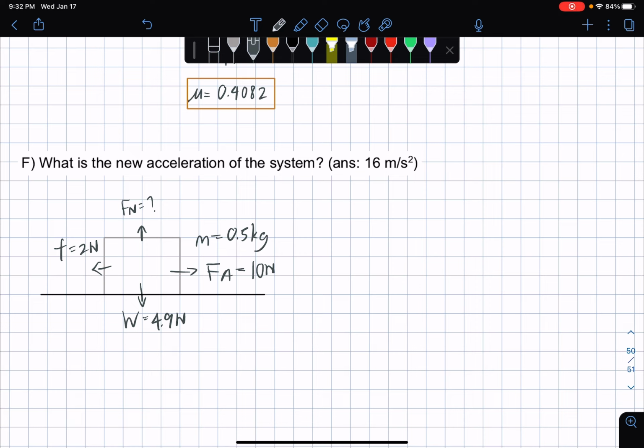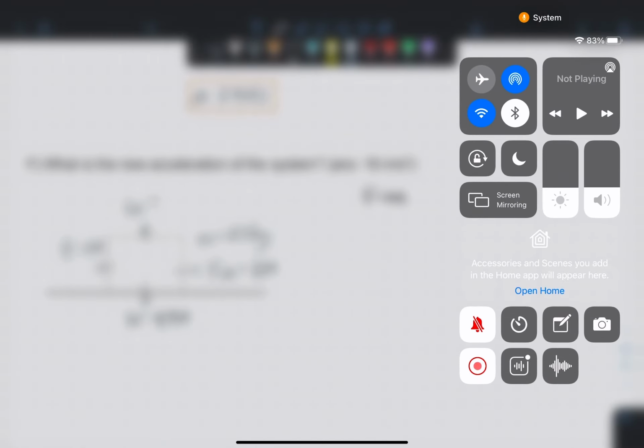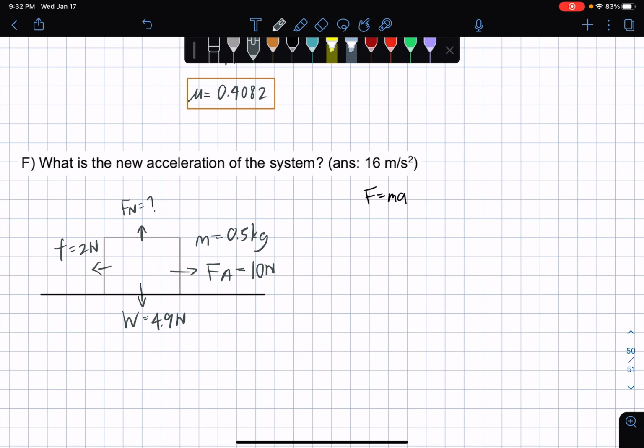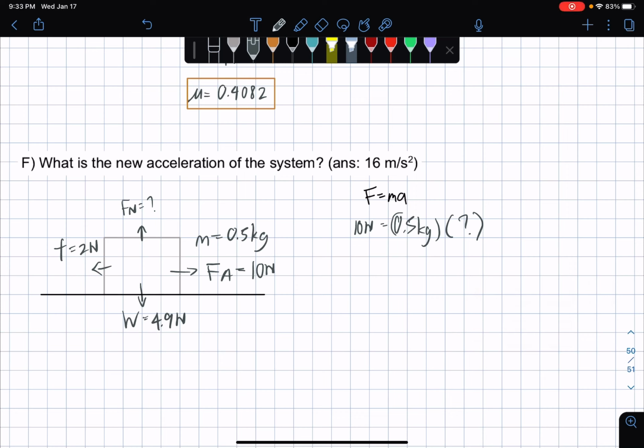So what is the new acceleration? I suppose we use F equal to ma. I'm thinking that the force here is supposed to be the FA, the applied force, for some reason.